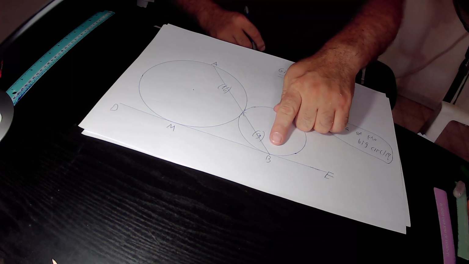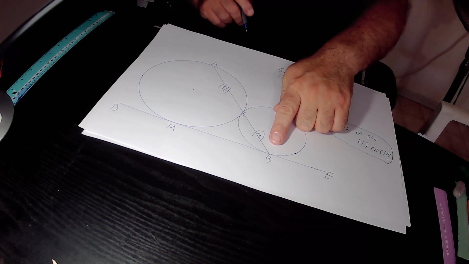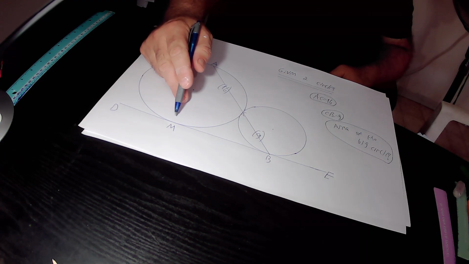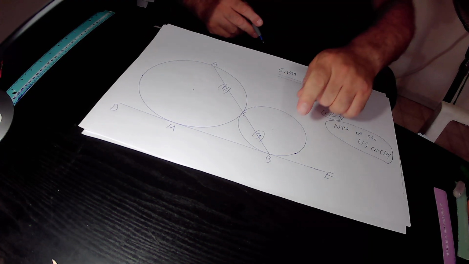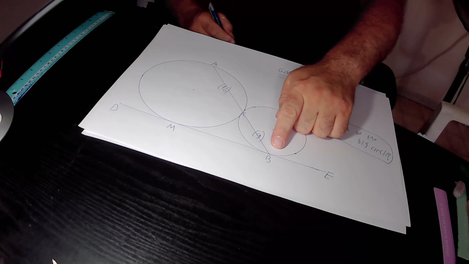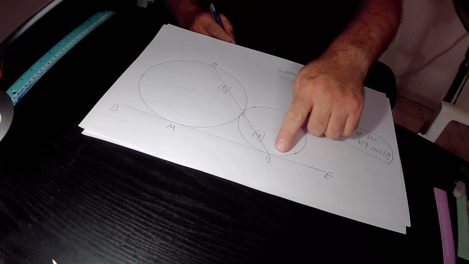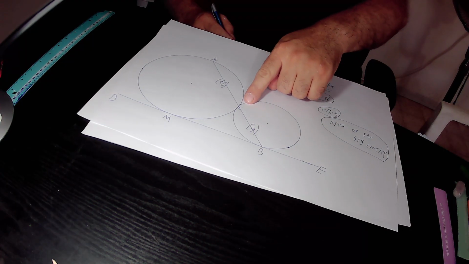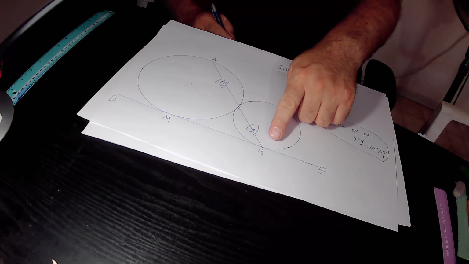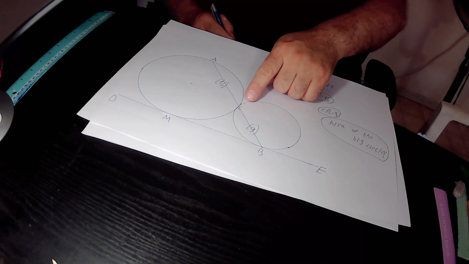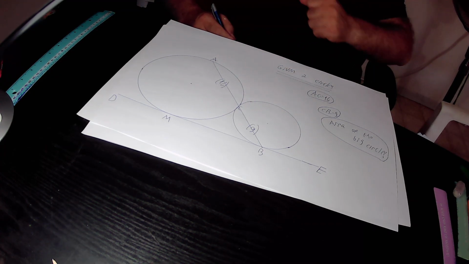So from this common external point, point B, we have here tangent BM that is tangent to this big circle at point M. In addition, from the same common external point B, if we draw this straight line, it will cut the big circle at 2 points, point C and point A.